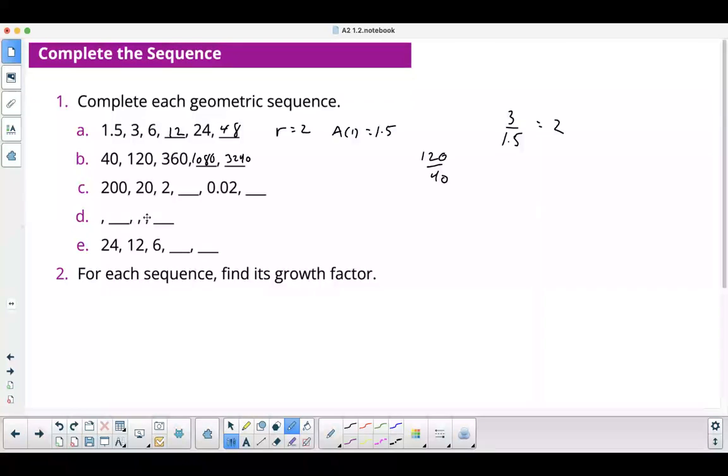3240. All right, this one is, remember, it's not divided by 10, it's times 1/10. Times 1/10, times 1/10 is going to be 2 over 10, which I would reduce to 1/5.